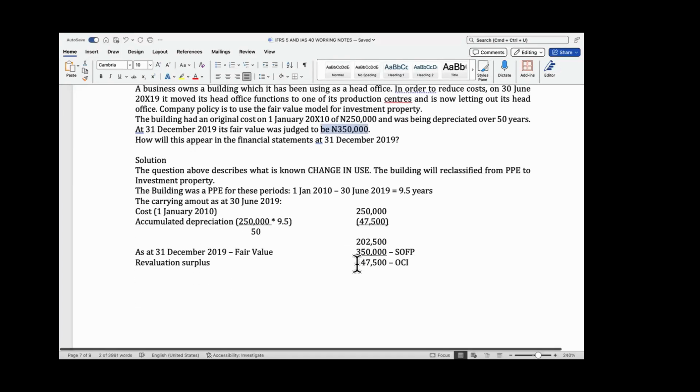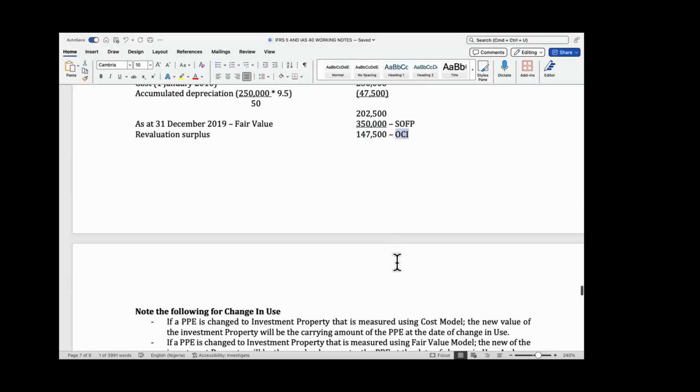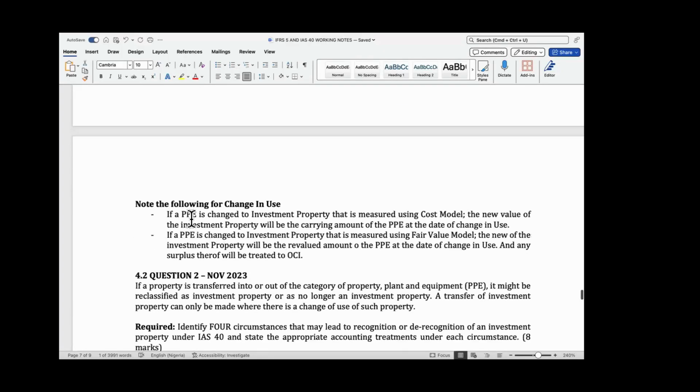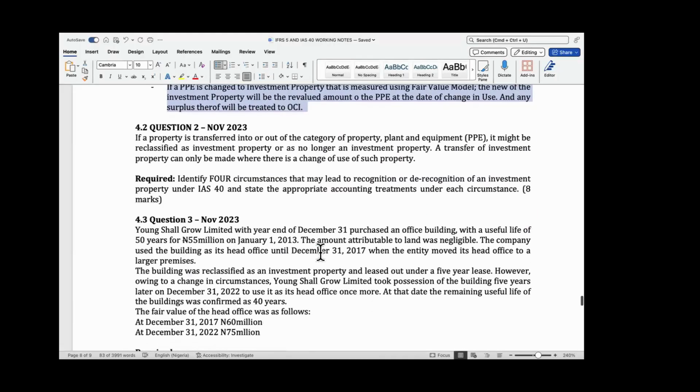And any surplus thereof will be treated based on the old use. So this will be recognized in OCI. So I really need you to be careful of this.